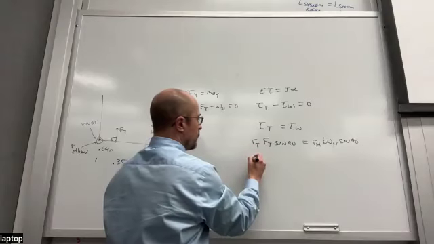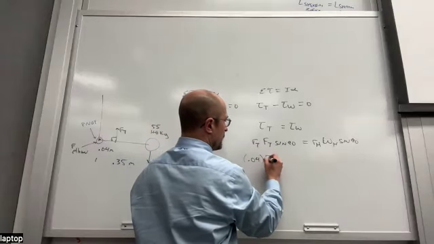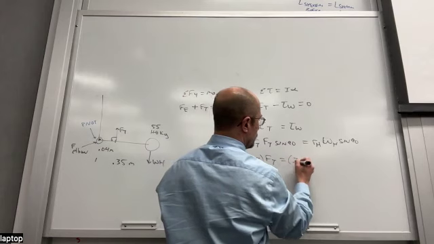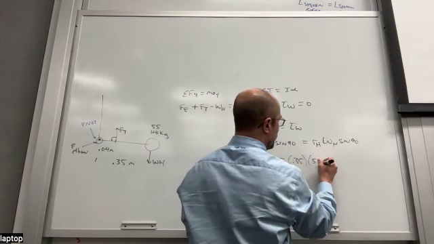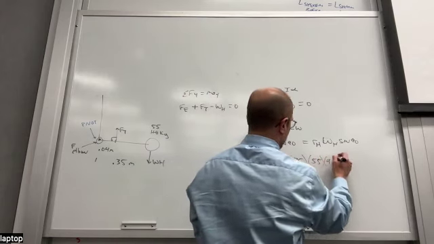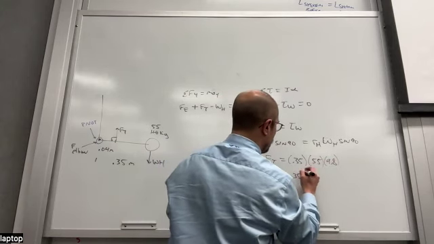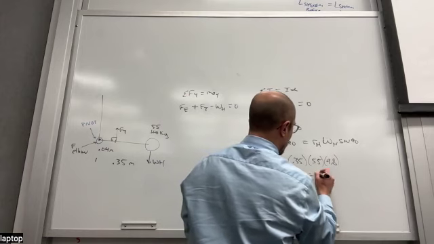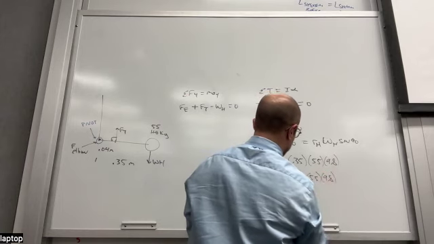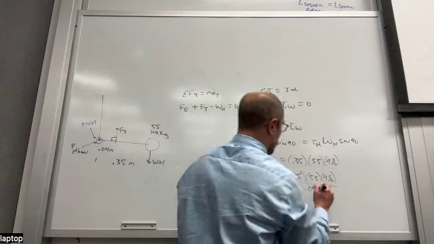So what we see is that 0.04 times F_t equals 0.35 times 55 times 9.8. Or the force in the tendon is 0.35 times 55 times 9.8 divided by 0.04.